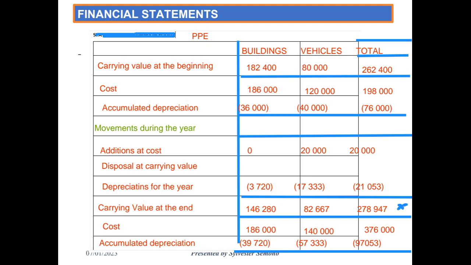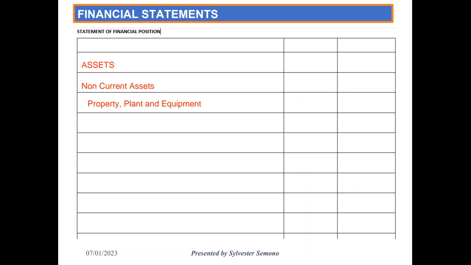This is the amount that is going to go to the statement of financial position, in line with the PPE there. We're going to have 278,947. That's the note that we calculated there.